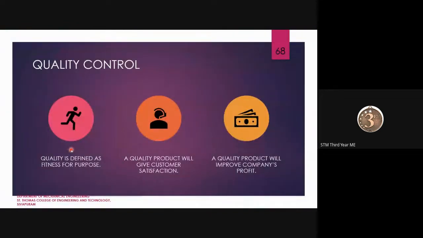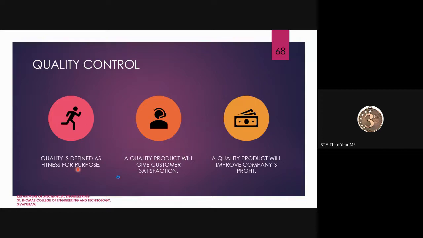Then comes quality control. Under quality control, as earlier mentioned, quality is defined as the fitness for the purpose. So how well the product can perform, or how good it is.